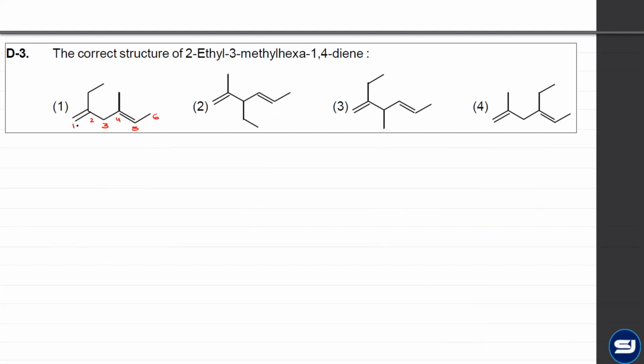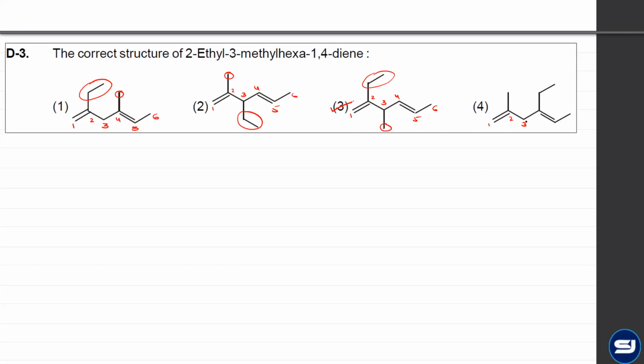It is hexa 1,4-diene and 2 पे there is ethyl, 4 पे there is methyl. और हमें चाहिए थर्ड पे. So 1, 2, 3, 4, 5, 6. 2 पे there is methyl and 3 पे there is ethyl. नहीं. 1, 2, 3, 4, 5 and 6. 2 पे there is ethyl, 3 पे there is methyl. As expected, this is the answer. Clear?